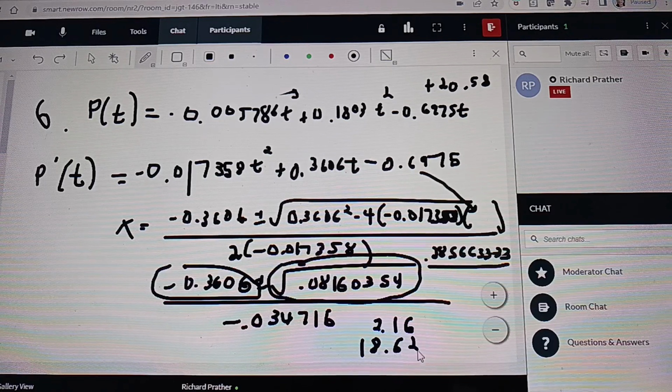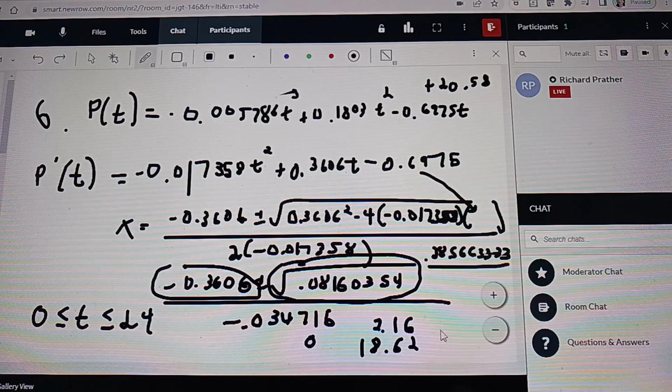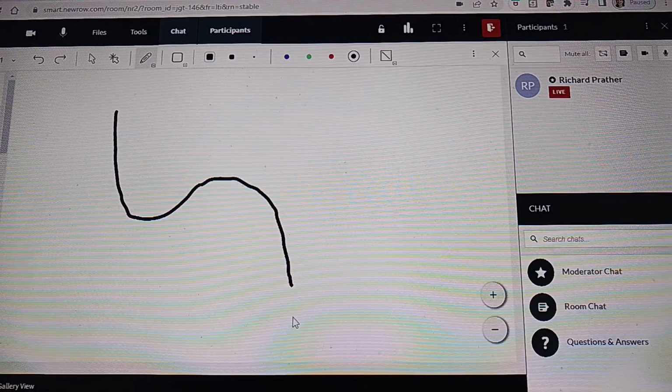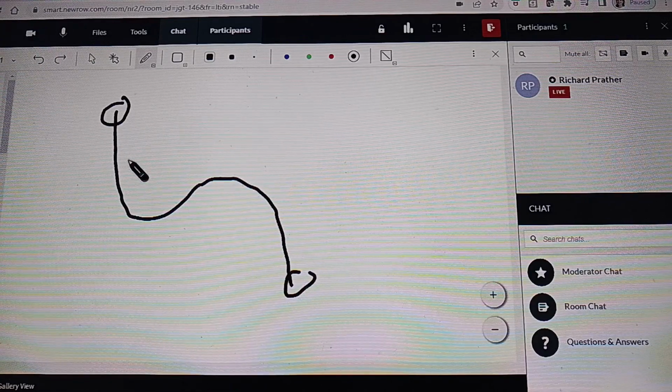And then it also turns out, because of this application, since we want to go between 0 and 24, then 0 and 24 themselves might be max and mins as well, just because of the application of this. Because this is a negative cubic function, so the graph actually looks like this, like the previous one we just had. And normally it goes forever up and forever down, but they're cutting this off.